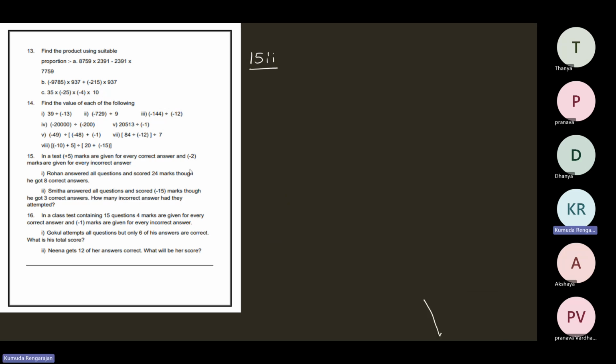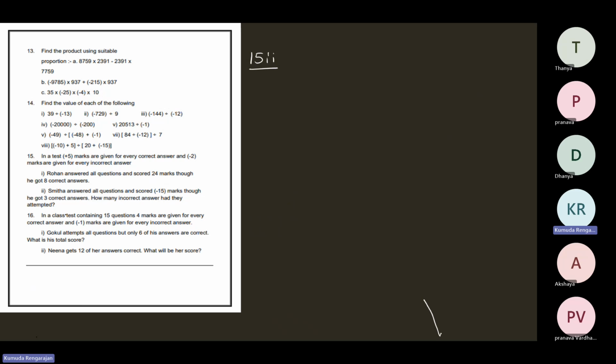How many incorrect answers had she attempted? Smita answered all questions, okay, and scored minus 15 marks. That is, Smita's total marks is equal to minus 15.